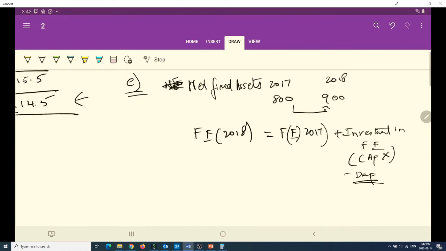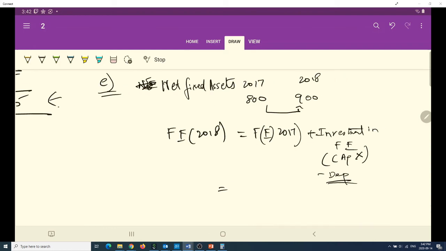In some sense, the gross increase is, you add back depreciation, because that's not the net investment.